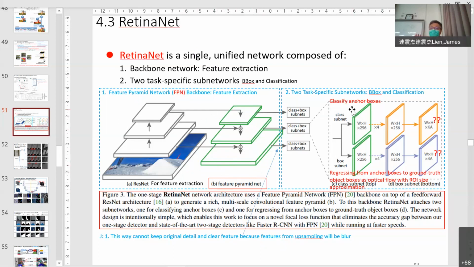If you want to modify only the head, YOLO V4 can also do that. You can directly modify YOLO V4 or RetinaNet because the output head on both, how can I say, they are compatible.